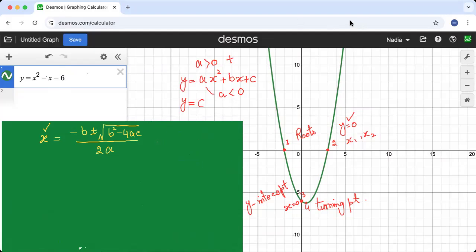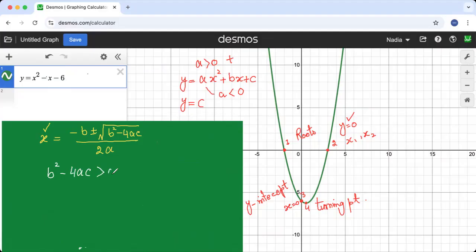In this quadratic formula, you can see we have one term in the numerator which has two signs, positive and negative. What this positive and negative sign tells us is that x has two values.